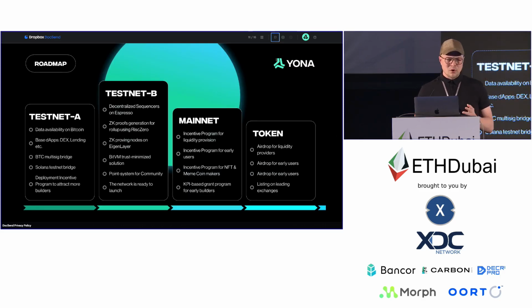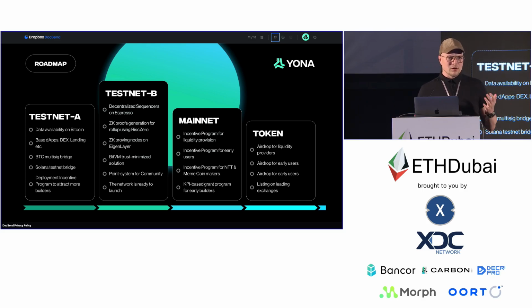As for our roadmap, there will be 2 testnets. The first one we want to launch as soon as possible. This will happen next month, and we already started building our community, building incentive programs to attract builders, and starting to be active on the marketing side. Simultaneously, we'll keep working on our tech side.